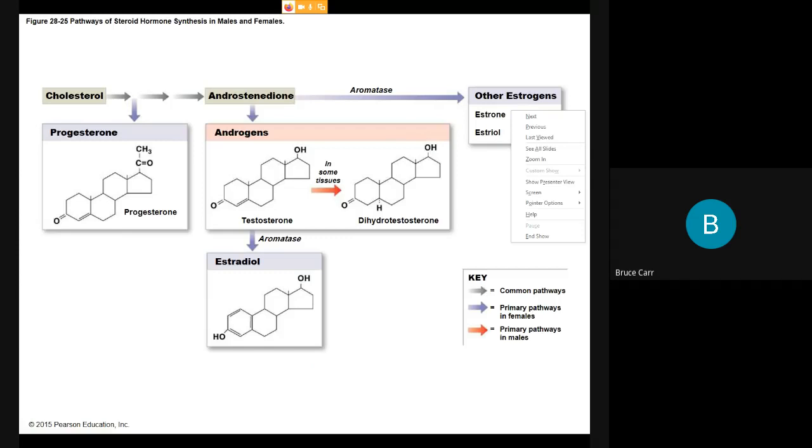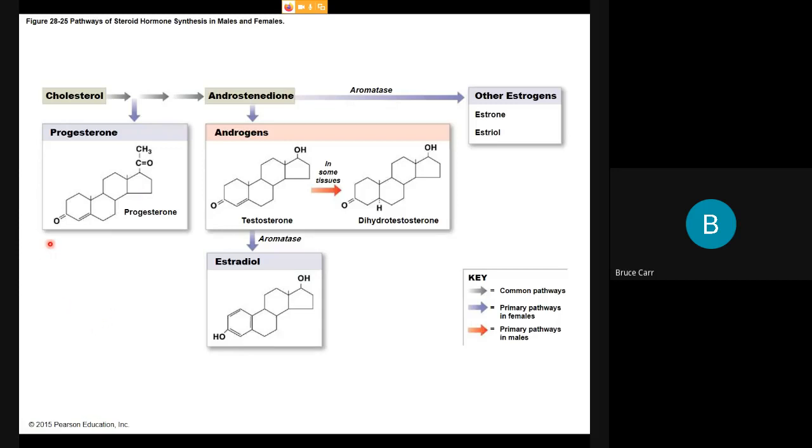So we have here in our central box progesterone, testosterone, and dihydrotestosterone, and aromatase, which pulls this onto estradiol. So androgens actually give rise to estradiol, estrogen, and androstenedione to other estrogens. But look at the cholesterol imprint, that 6-6-6-5 ring configuration.